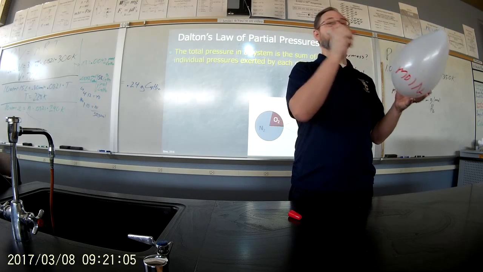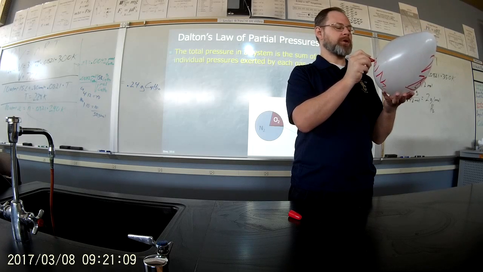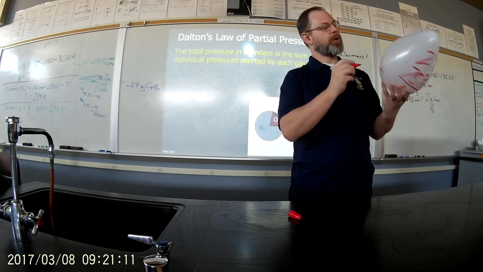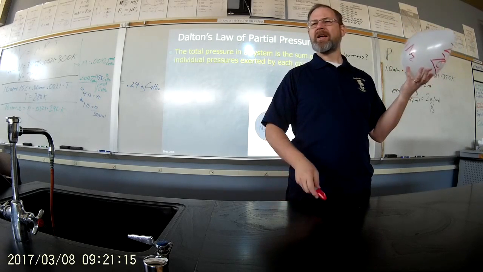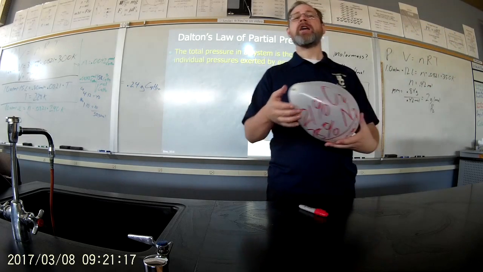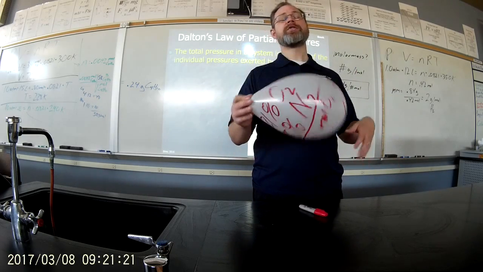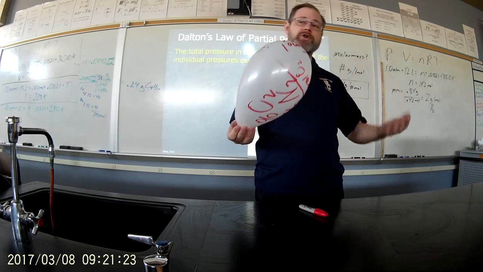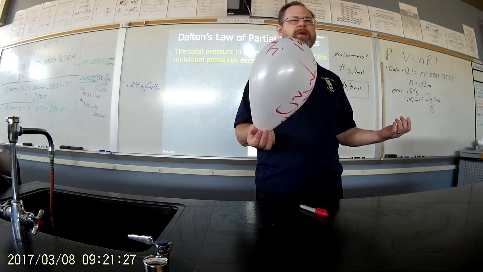About 0.4. About 78% of my 0.5 is nitrogen. So about 0.4 moles of nitrogen. Does that make sense? That's how you use Dalton's law. If you know the proportions of gases in a sample of gas, you just apply that proportion to pressure or moles or whatever. Questions about Dalton's law?